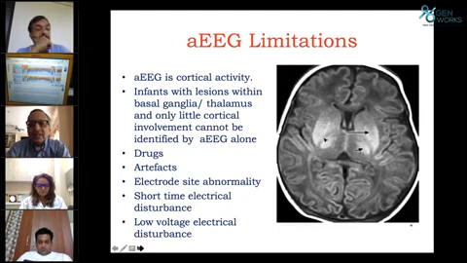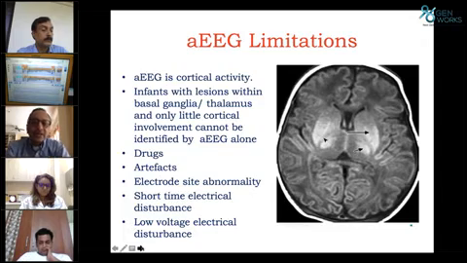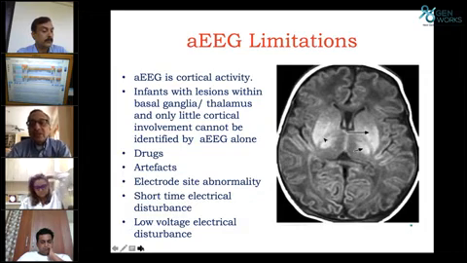Surfactant is interesting because as Judy had shown, when you give surfactant, there is a transient suppression of amplitude that is seen on the EEG. There's different hypotheses as to why that happens. One of which being that surfactant drops your pulmonary vascular resistance, so it increases your compliance very rapidly.